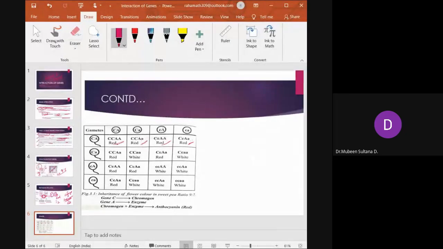Same way here also: capital C, capital A, capital C, capital A. And this way you see a triangle, just like what we did in the dihybrid cross. All these triangles represent the number 9: 1, 2, 3, 4, 5, 6, 7, 8, 9. So nine are red flowers.